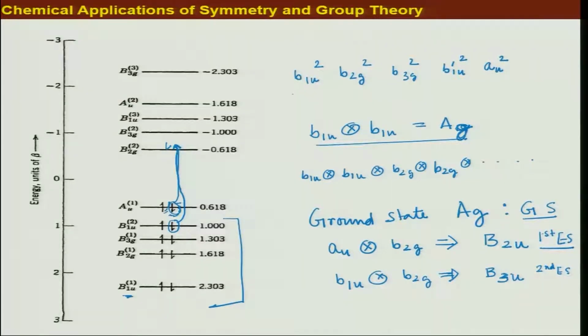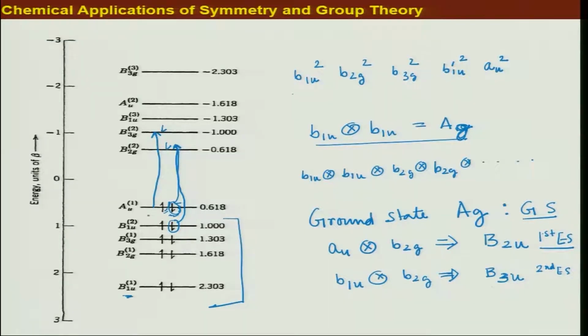then I have to worry about the other one. So that is AU to B3G. So if I have one electron transferred to B3G from AU, this also supposedly has the same energy as that of this particular transition, which gives you B3U.